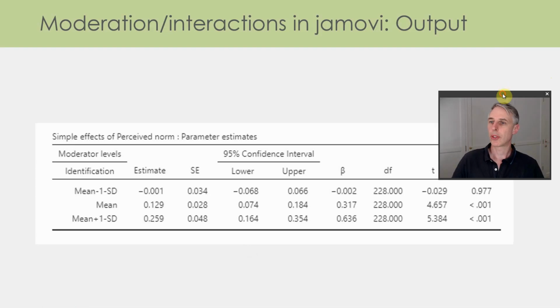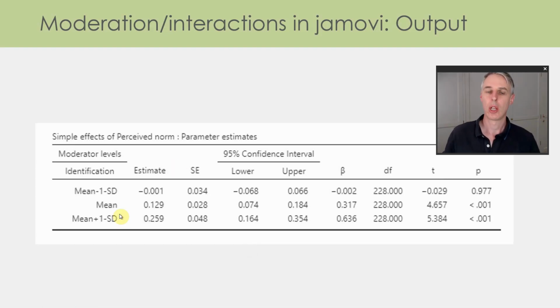One thing here about the simple effects analyses is that what it's doing is testing the slope of the perceived norm predictor at specific levels of identification. Again, the convention is low, mean, and high: low being one standard deviation below the mean, high being one standard deviation above the mean.